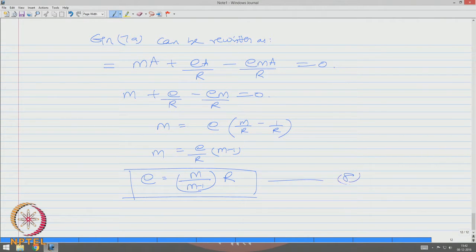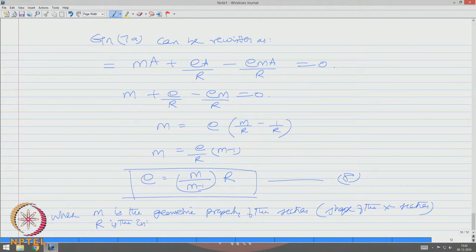That is equation 8, where m is the geometric property of the section, depends upon the shape of the cross section, and of course, r is the initial radius of curvature.